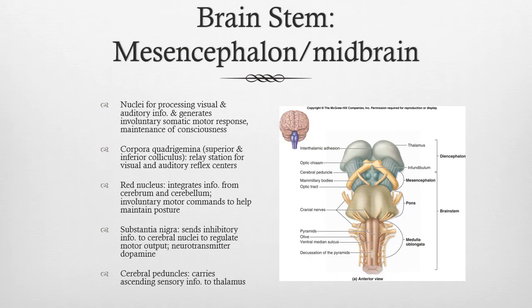So our brainstem itself here, we have an anterior view of the brain, and we can see that the optic nerves, as they pass around the brainstem, coming out through here, are just kind of going along for the ride. They're not actually making any contact with the brainstem itself.